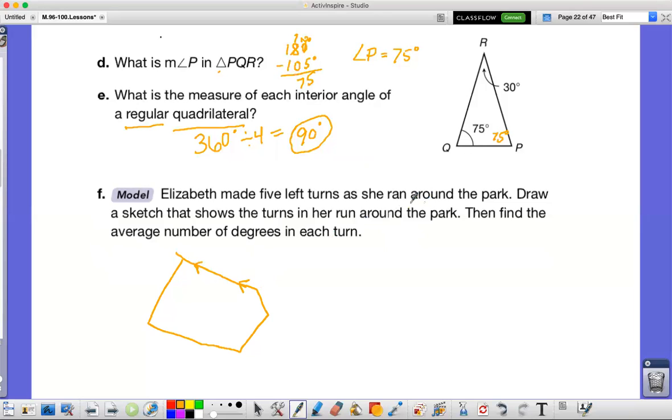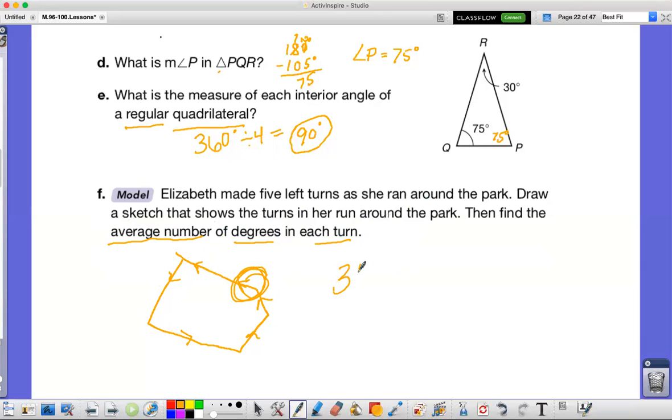So here's where she did her left turns. You can see she's going this way, and this way, and then this way, and then finally she's back at her original position. What's the average number of degrees in each of those turns?